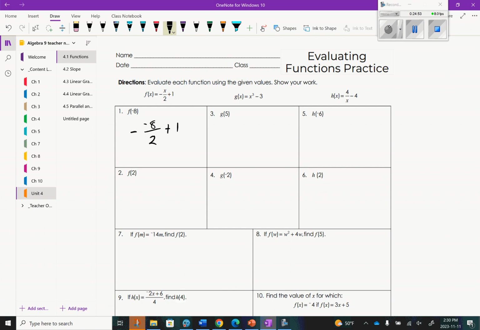So if negative x over 2 and x is negative 8, this means negative 8 over 2. That's negative 4. But the negative of negative 4 is positive 4. That value is then 5.